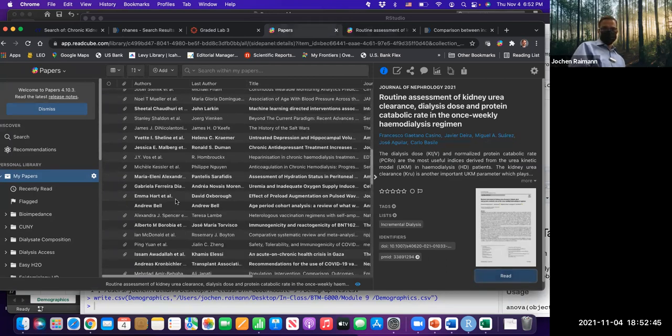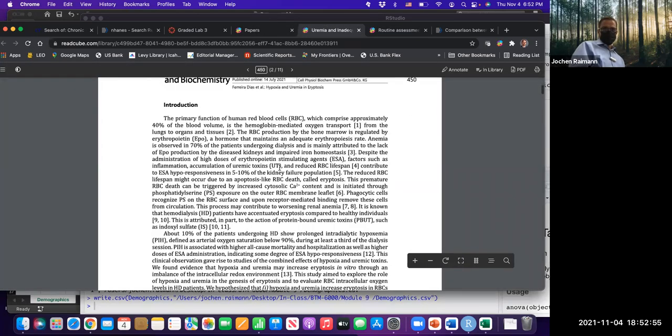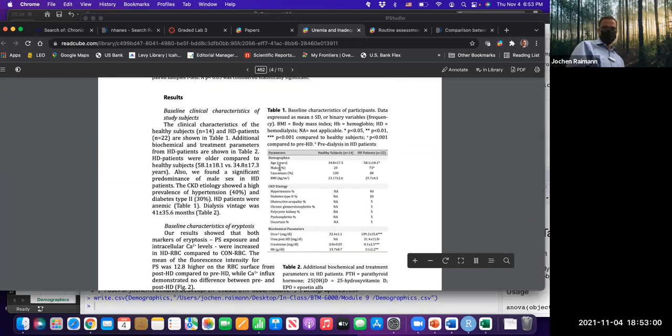Here, classical table 1 from Gabi. Classical table 1. Here we go. And here you see already stratified healthy subjects, HD patients. So this is along these ways you should think, right?